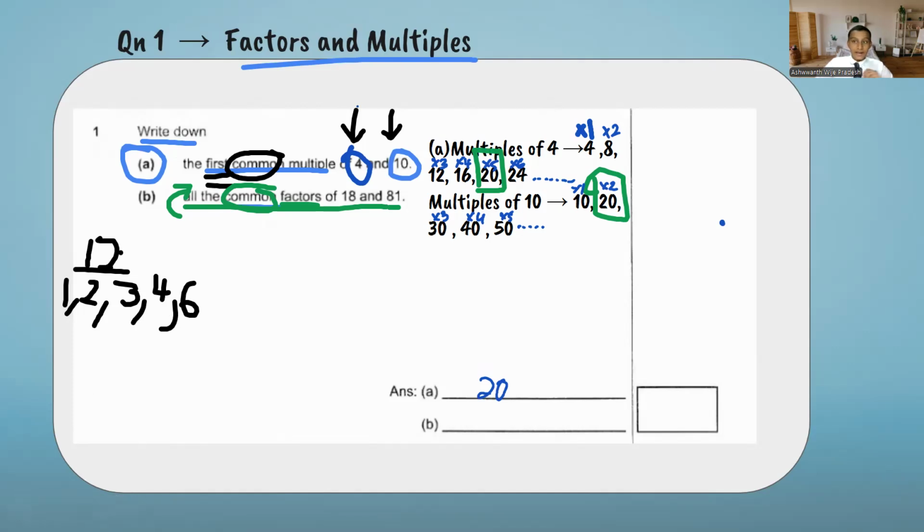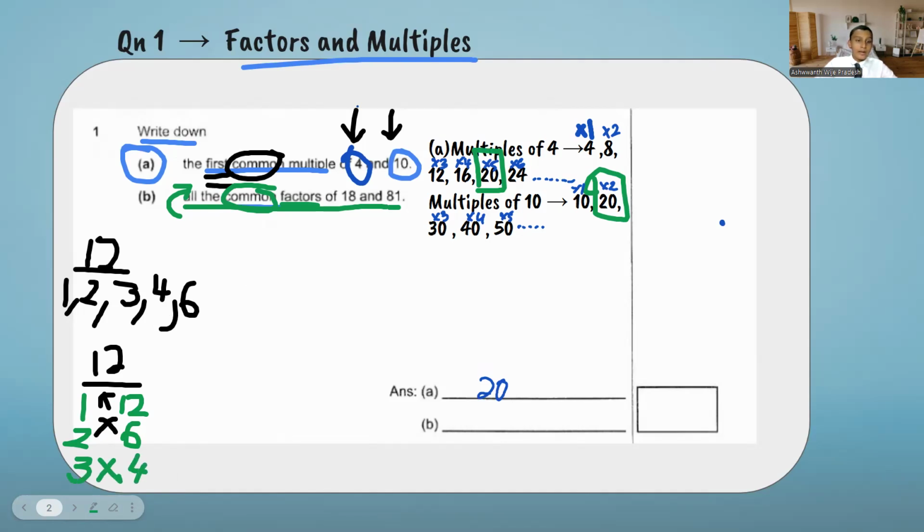Another way, the way that I recommend, which is easier for you: you write 12, you draw a line, and you put a times in the middle. So we have 1 times 12, 2 times 6, and 3 times 4.